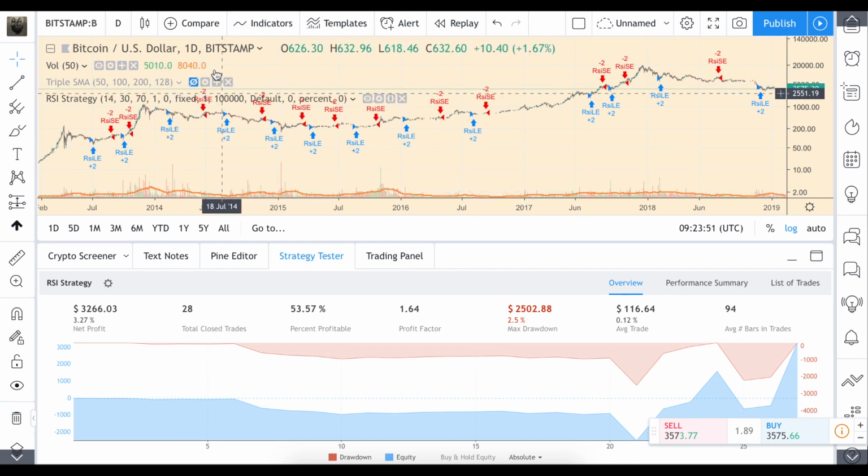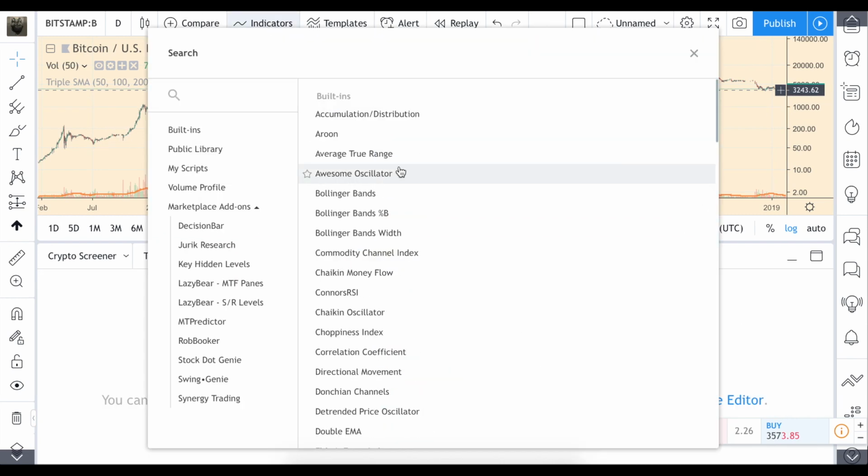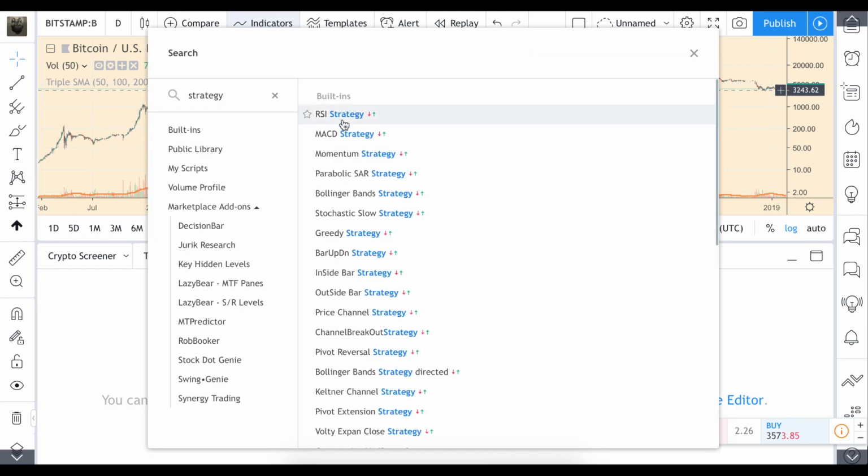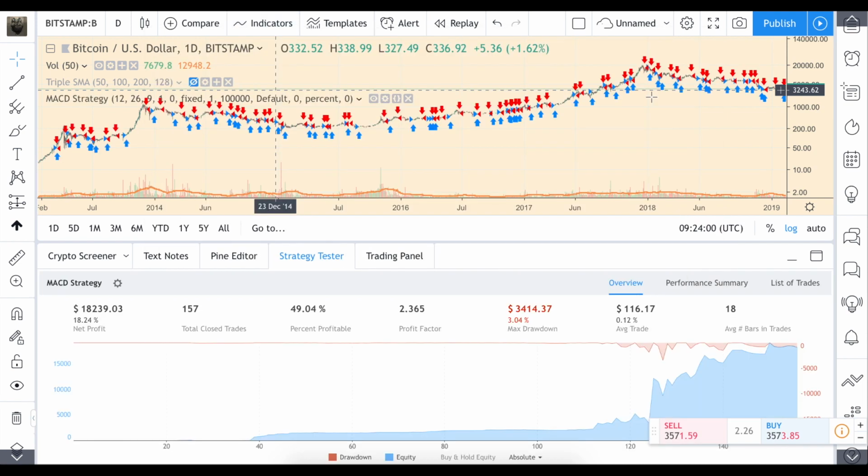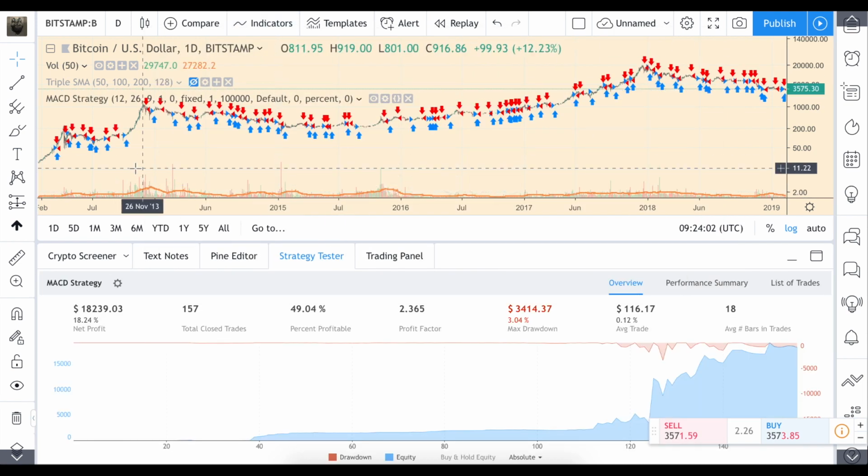So let's look at the other indicators and open the MACD. Yeah, MACD strategy. So how about MACD? MACD is not that bad, it's 18%, although the percentage of profitable trades is 49. But still, because of certain trades, you have a profit of 18%.